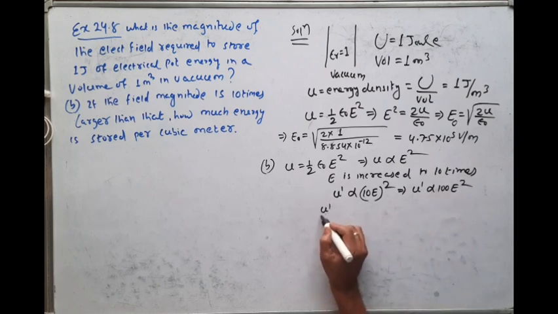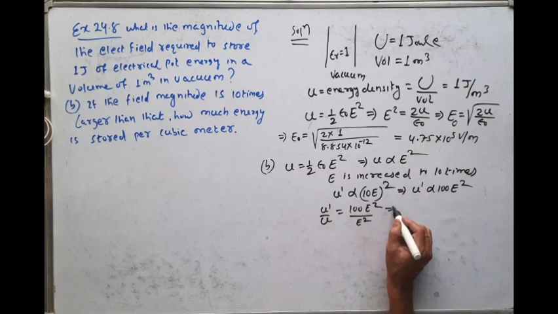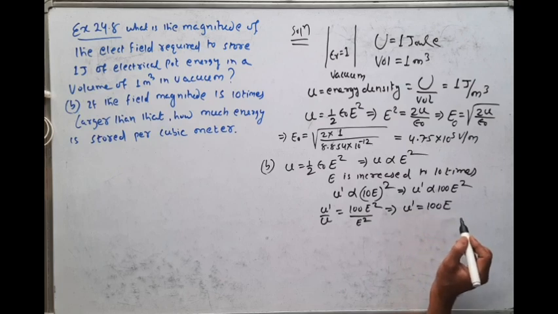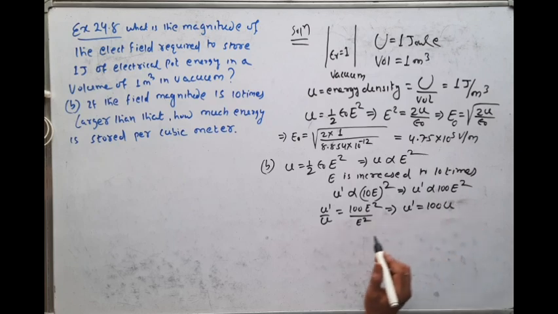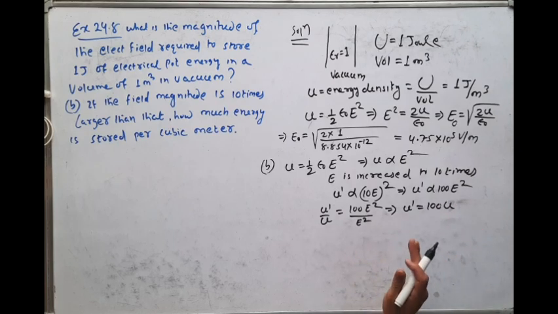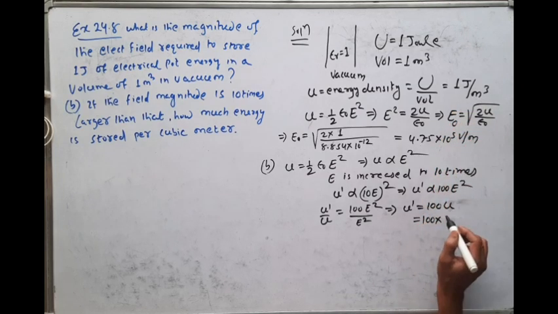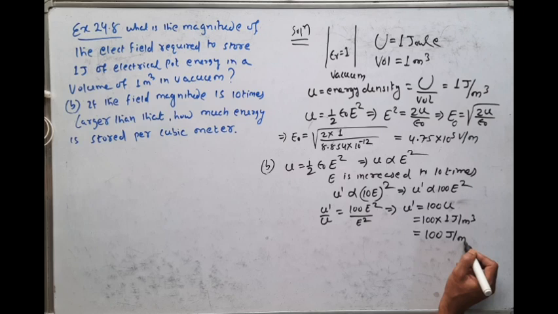Or you can say U dash by U is equal to 100 E square by E square. So the new energy density will be 100 times the initial energy density. Initially the energy density was 1 joule per cubic meter, so now the new energy density will be 100 joule per cubic meter.